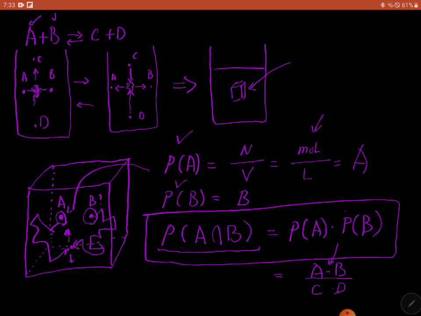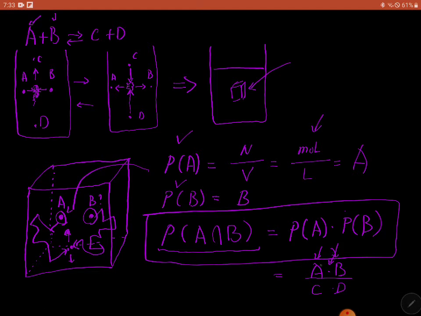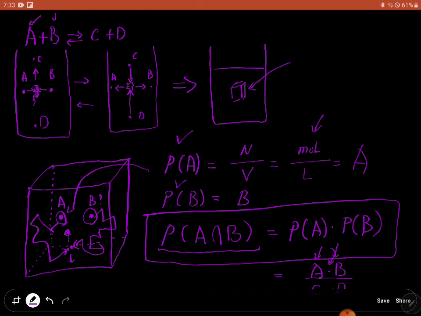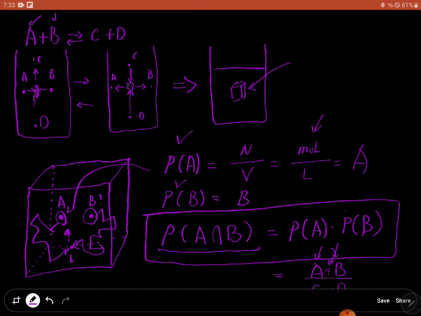Because by chance they are independent, the presence of A is required and the presence of B is not required by it. So they happen together. The chance that A and B happen is the chance of A multiplied by the chance of B. Okay, now we are almost done.